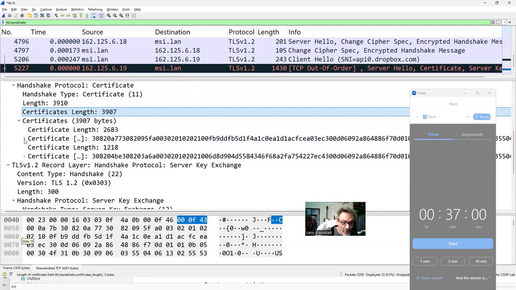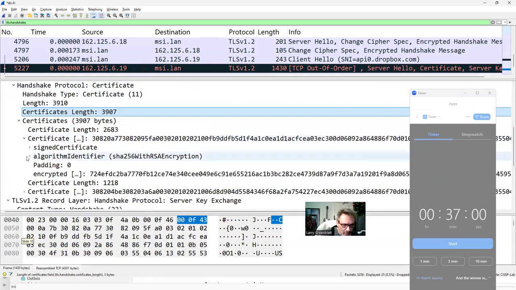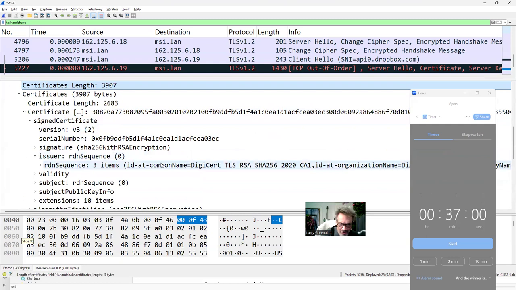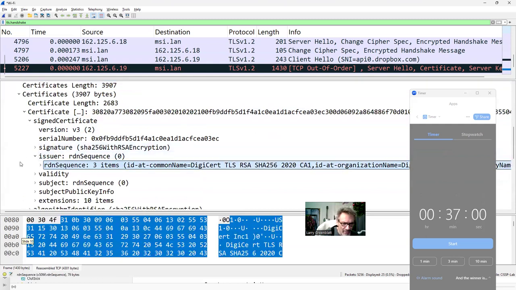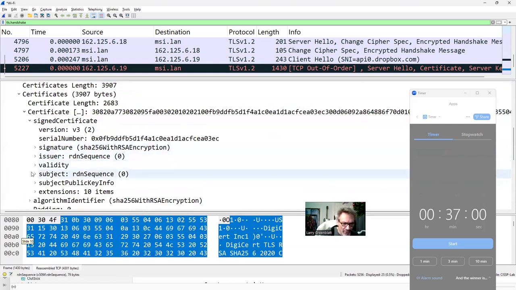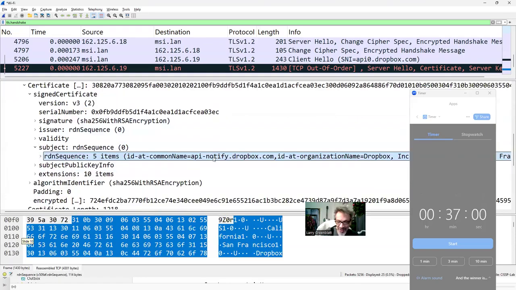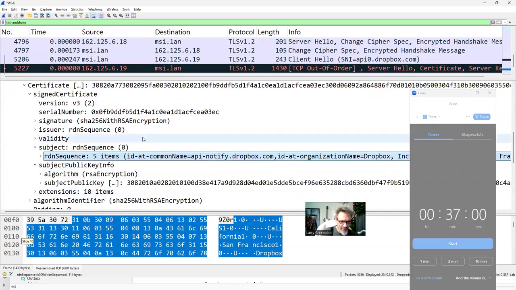So the one for Dropbox, the issuer is who they got it from. That's their CA, DigiCert, SHA, right? And the subject, that's them. API. It's an API. Nice. At least their APIs are using certificates. That's good. We like that. And the public key info.